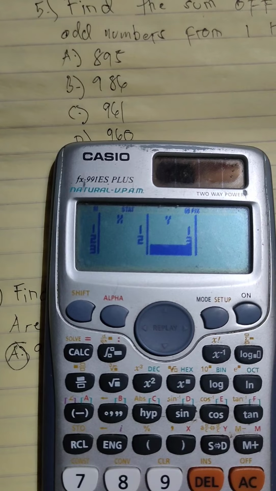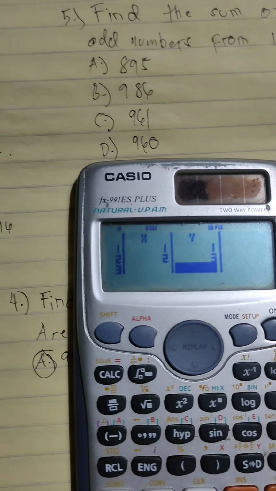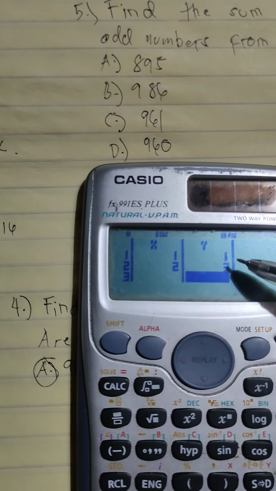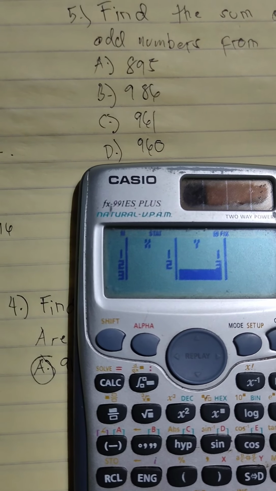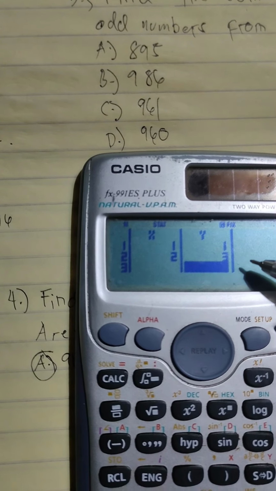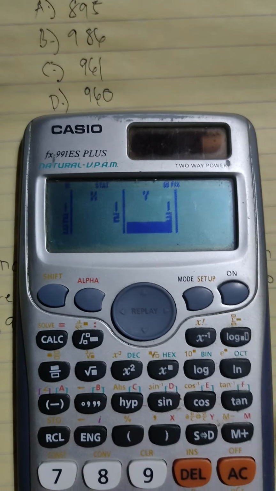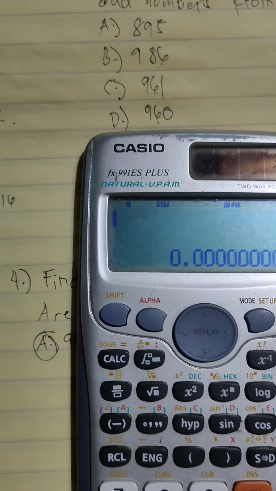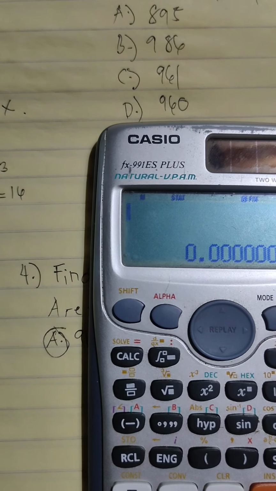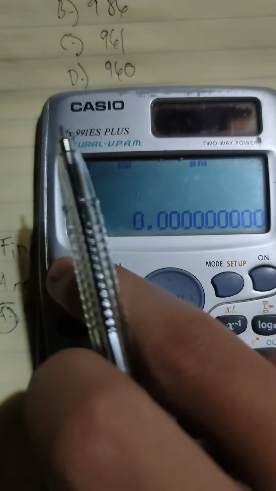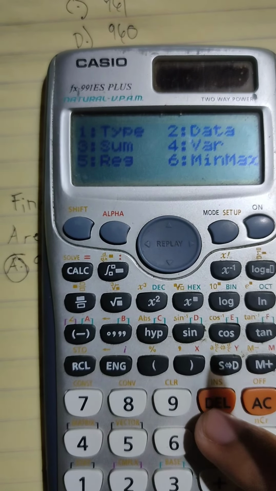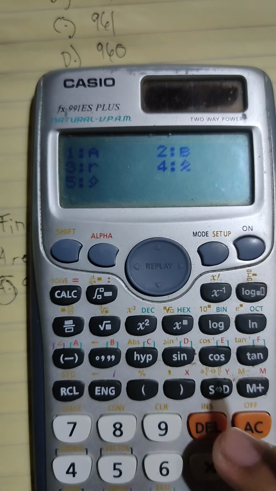So after writing the equation of the first and the second odd number, we'll press AC. Then next we need to click Shift Start, which is 1, then the reg number 5.